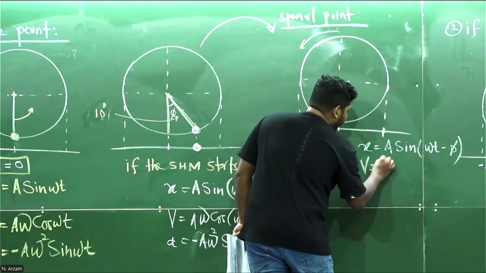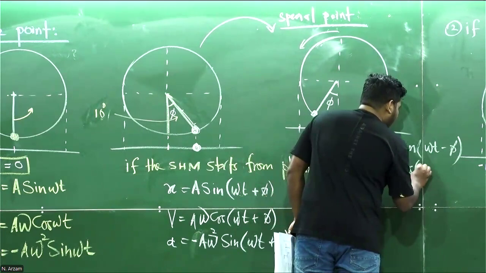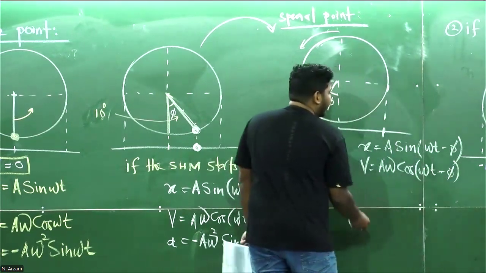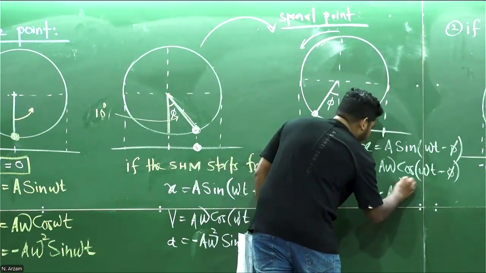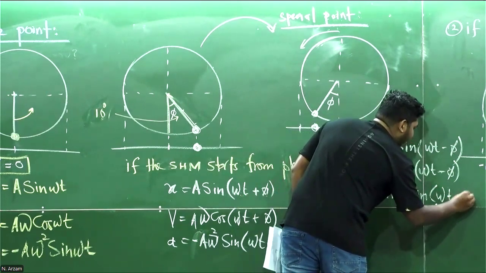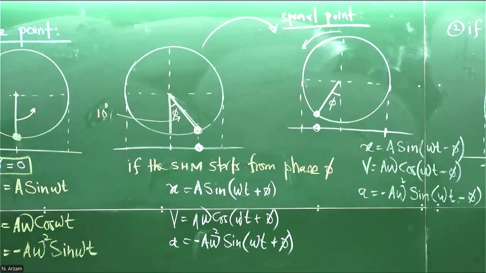V is equal to A omega cos omega t minus phi. A is equal to minus A omega square sine omega t minus phi. Write this down in the exam point.